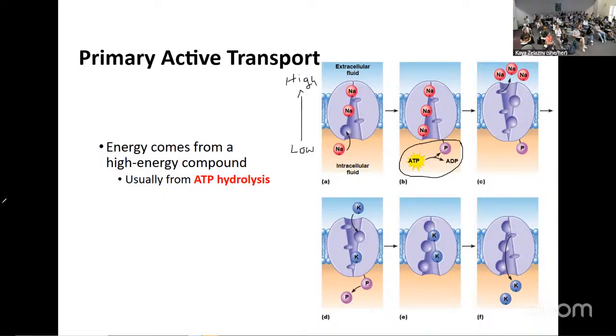Now that we know about our electrochemical driving forces, we know from an example we did in class before that our electrochemical driving force for sodium points in. So we know that we have a force that's trying to push sodium into the cell.